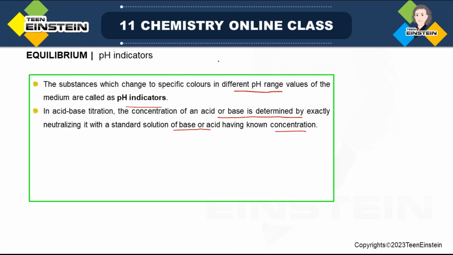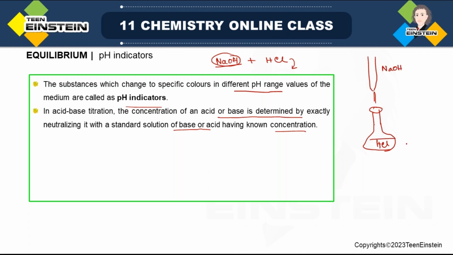For example, suppose I have taken NaOH and I am mixing it with HCl. Mostly acid is taken in the conical flask and base is taken in the burette. So NaOH you have taken in the burette, and here we have the conical flask, where we have taken the acid HCl.